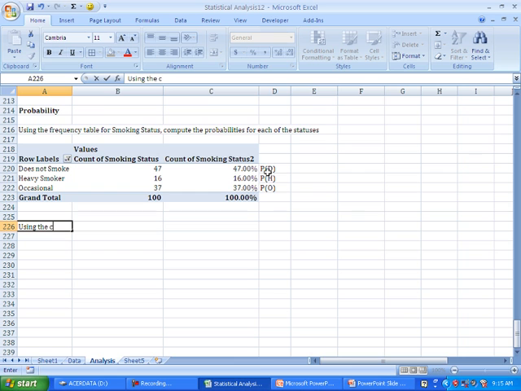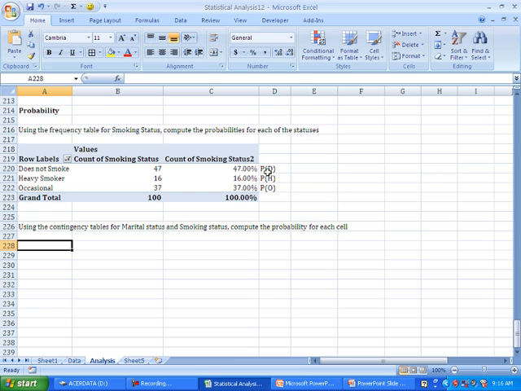Using the contingency tables for marital status and smoking status, compute the probability for each cell.